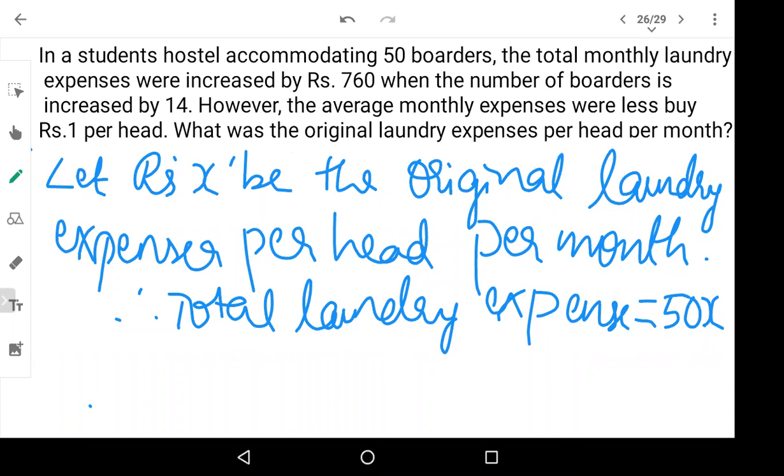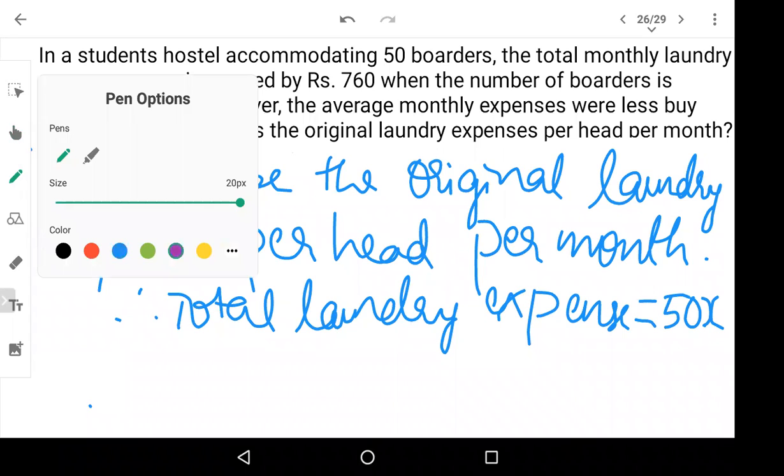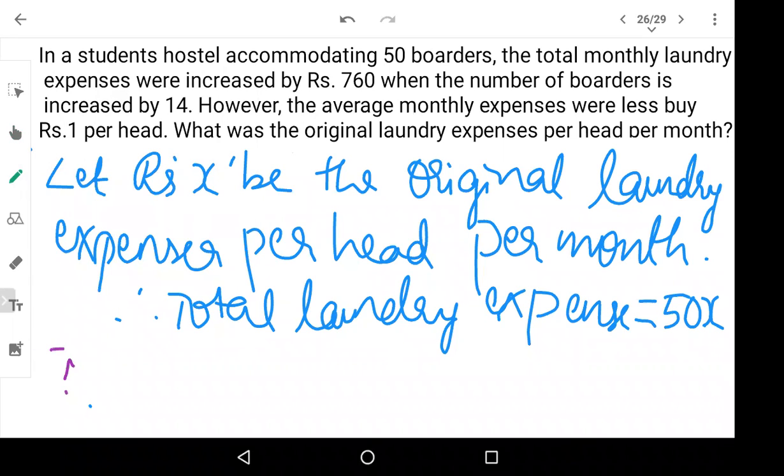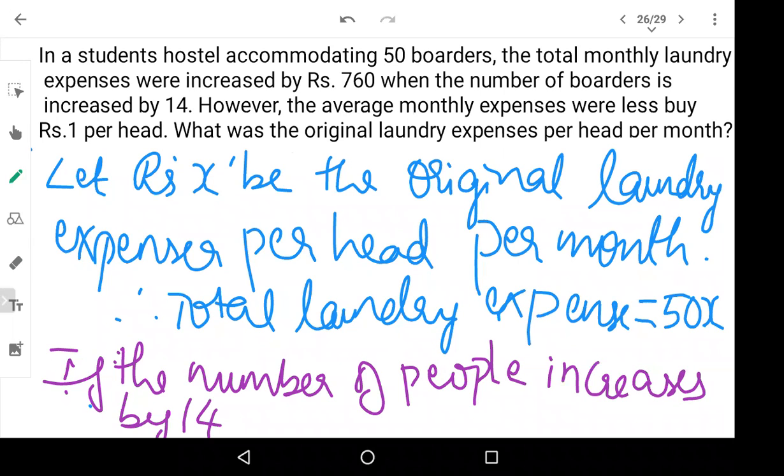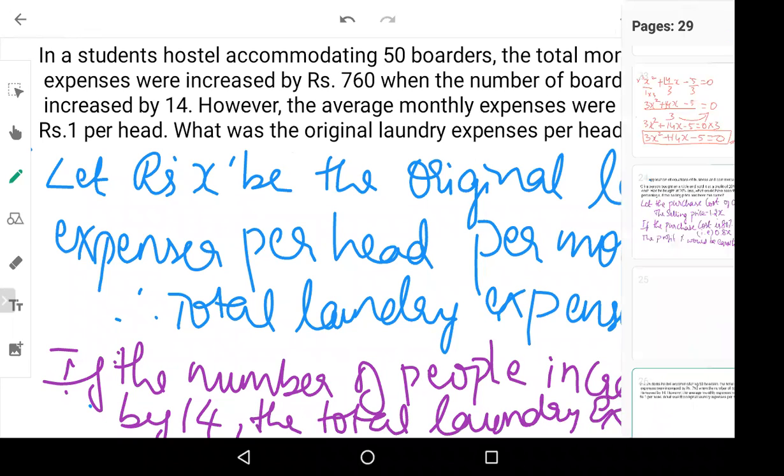Then coming to the next scenario, if the number of people increases by 14, the total laundry expenses will also increase.